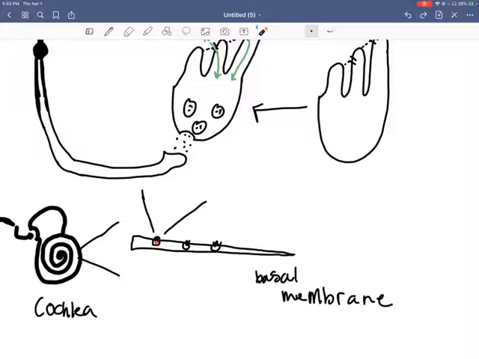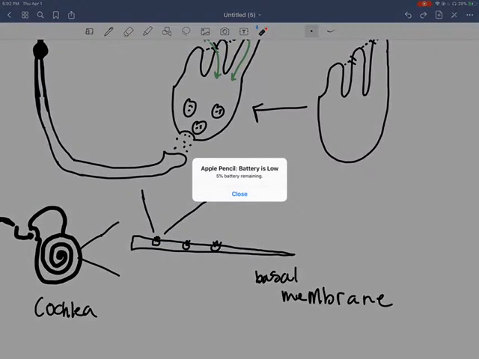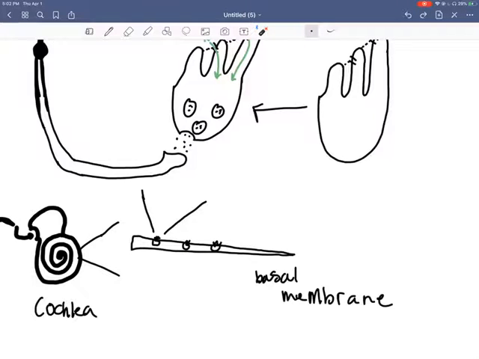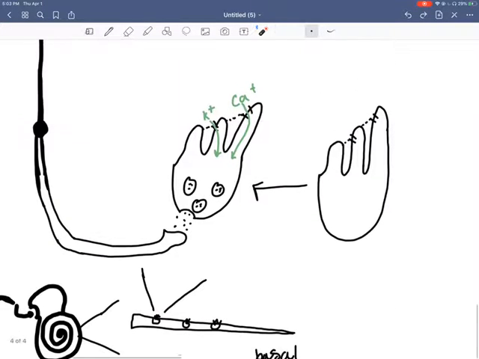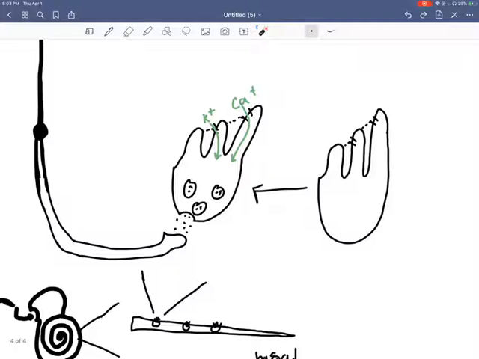The basilar membrane has epithelial cells on it, which are called hair cells, and these hair cells move against another membrane when the basilar membrane is moved, and this causes the hair cells to bend from this to this.